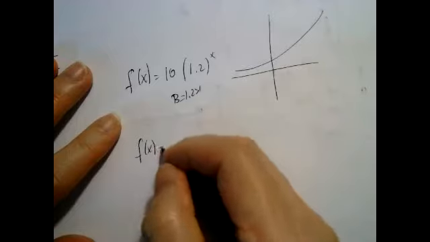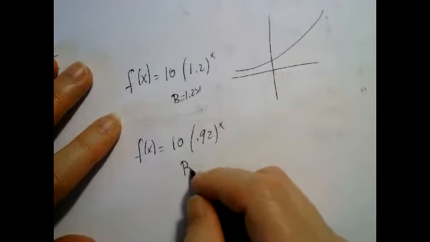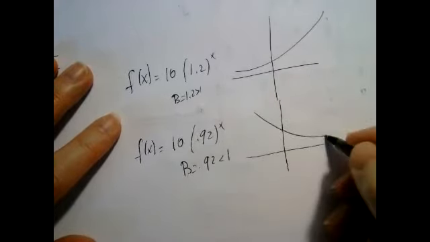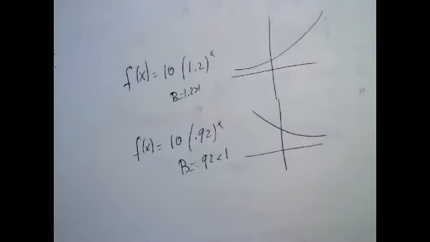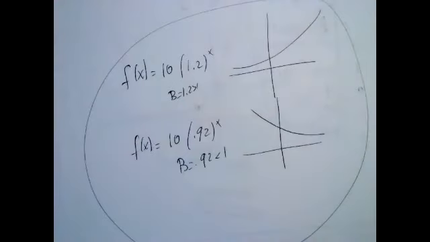If f of x equals 10 times 0.92 to the power x, my b is less than 1, immediately I know that we have a decreasing function. Okay, so that's the graph, and that's the effect of b on the graph.